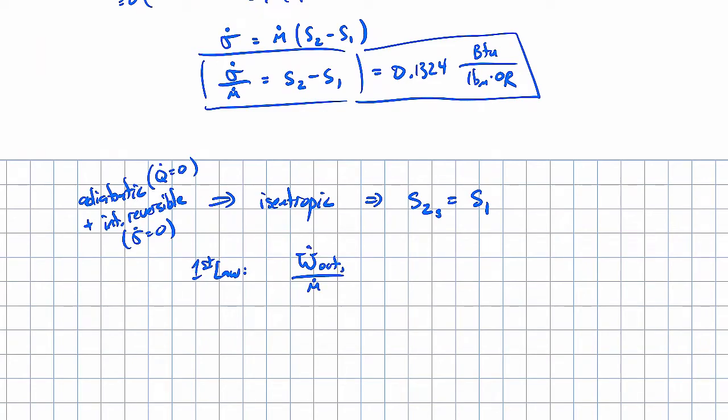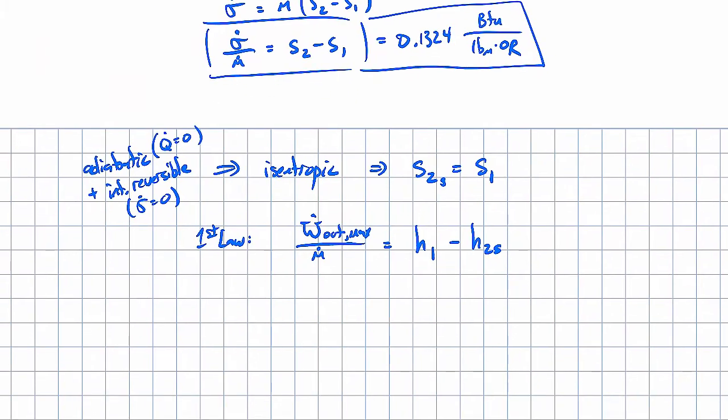I'm going to put a max here because we're trying to solve for the maximum. That will be equal to H1 minus H2S. The maximum is going to occur when state 2 occurs isentropically, when the process is isentropic.